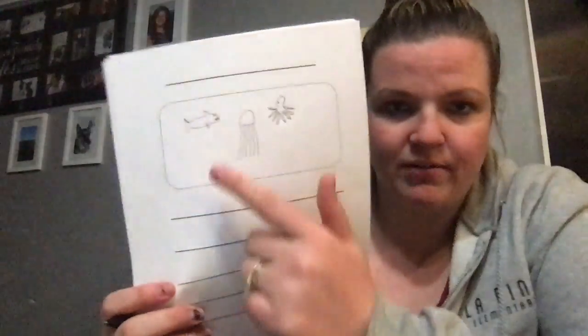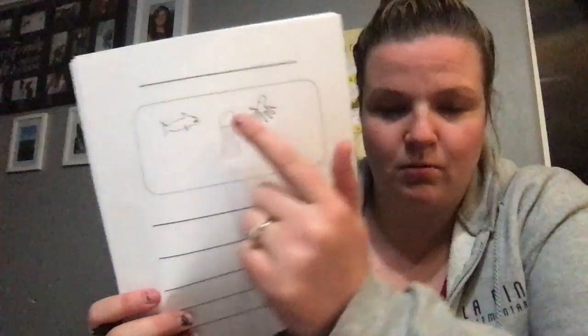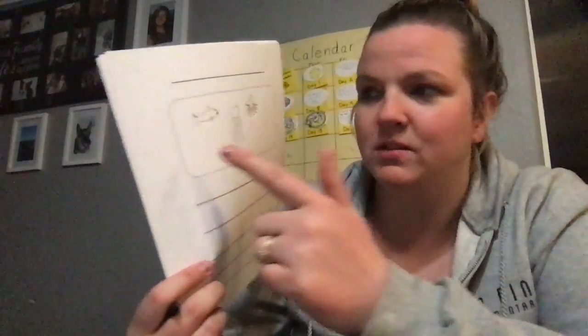I'm drawing an octopus, that's why I said that. 1, 2, 3, 4, 5, 6, 7. I want to make sure my number of legs is correct because this is an informational text and I don't want it to be wrong when I'm drawing my octopus. So far I have a shark, a jellyfish. Oh, I went backwards because it's backwards on my screen. A shark, a jellyfish, an octopus. I don't know, a crab, right?